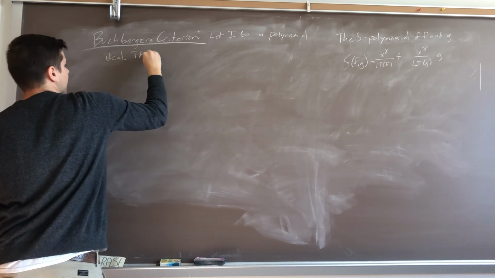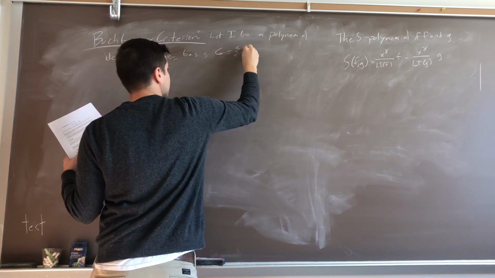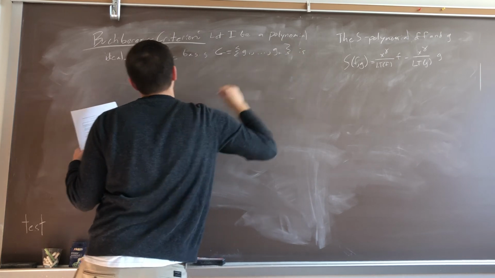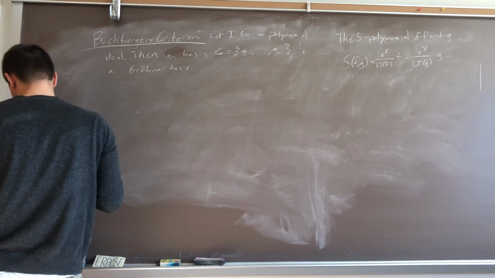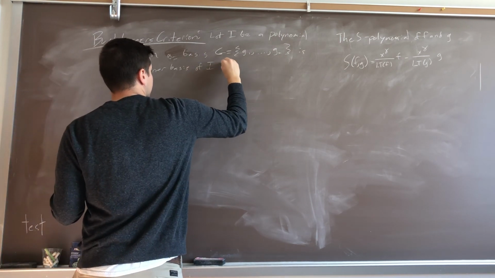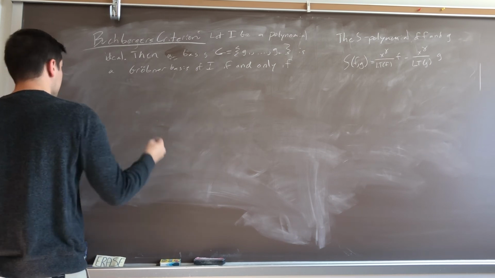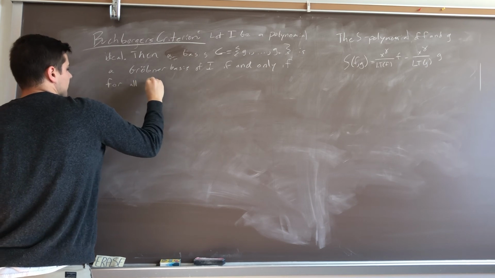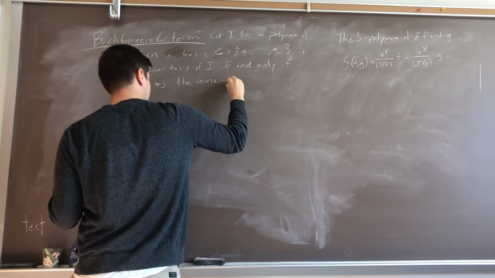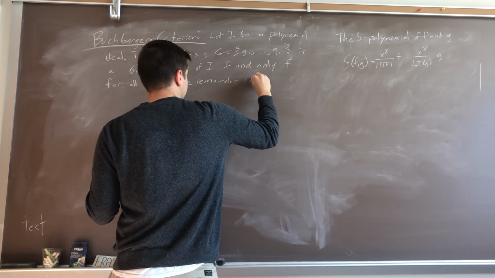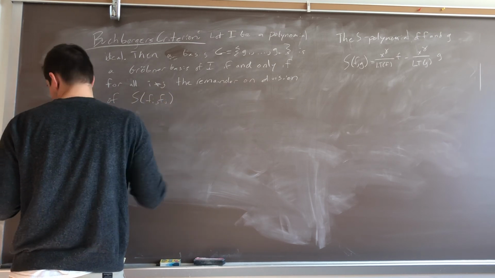then a basis G, it is important that G is a basis, so I will write that, which is G1 to Gt, is a Gröbner basis of I if and only if for all pairs i not equal to j, the remainder on division of the S polynomial of Fi and Fj is 0.